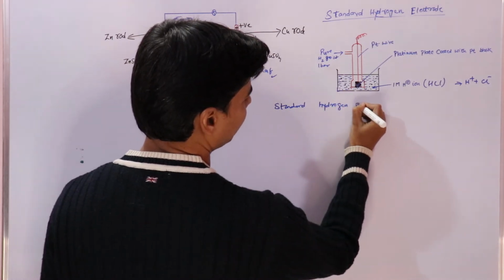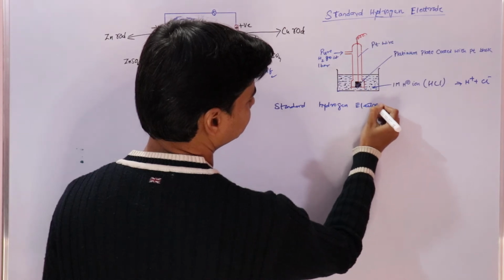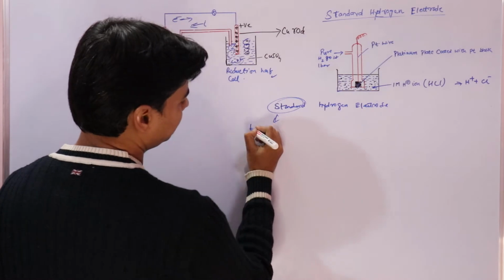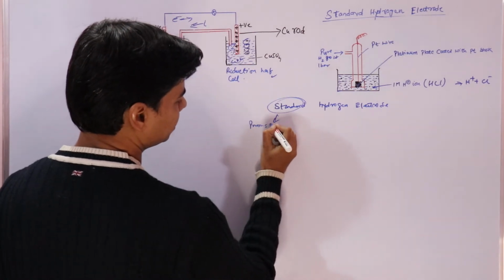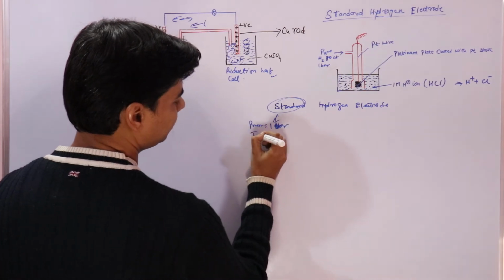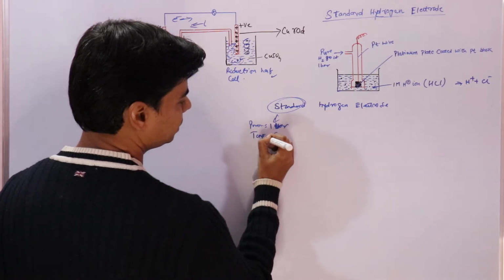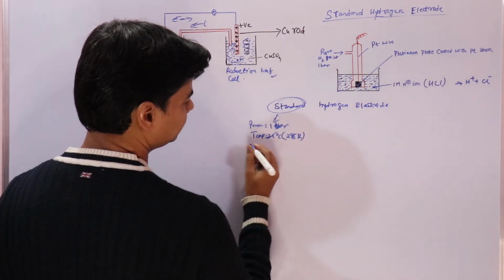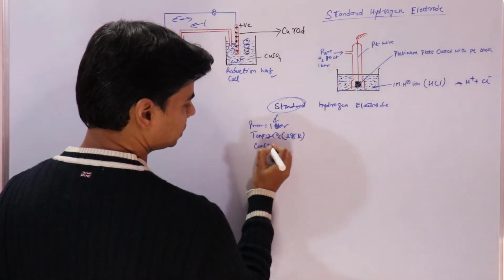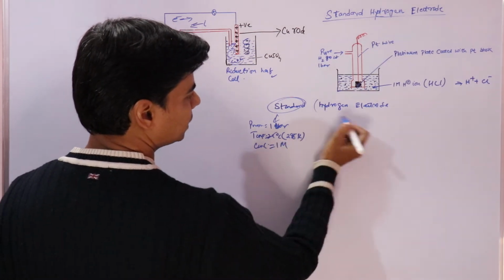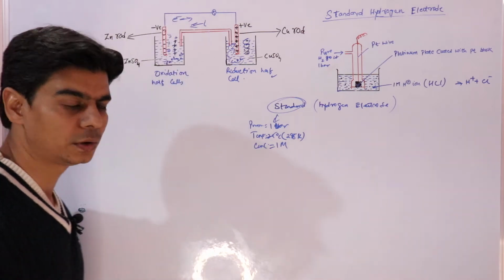Here standard stands for pressure 1 atmosphere, 1 bar, and temperature 25 degrees Celsius, which is 298 Kelvin, and concentration is 1 molar. Now let's understand what is hydrogen electrode.